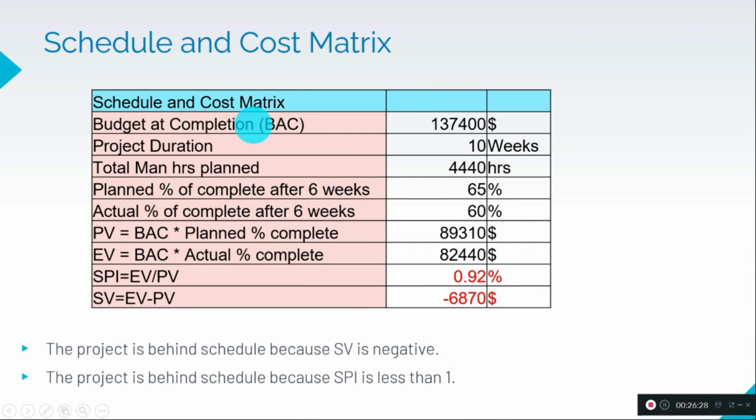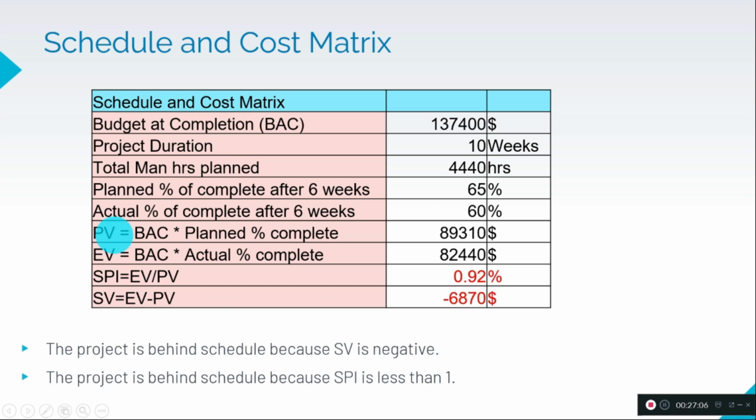Like project at completion, we need to have this much dollars actually, and total project duration is 10 weeks, and the total man hours planned is 4,440 hours. So planned percentage of completion after 6 weeks is 65 percentage. So we should have completed 65 percentage of the work, but actually we have completed 60 percentage. So there is a 5 percentage difference.